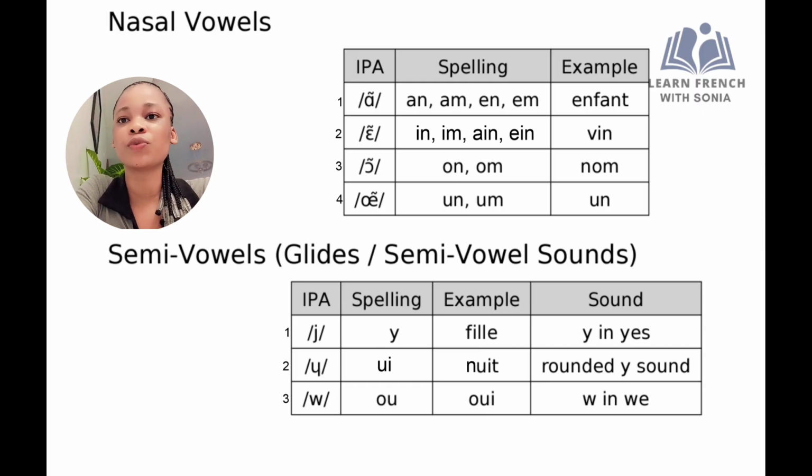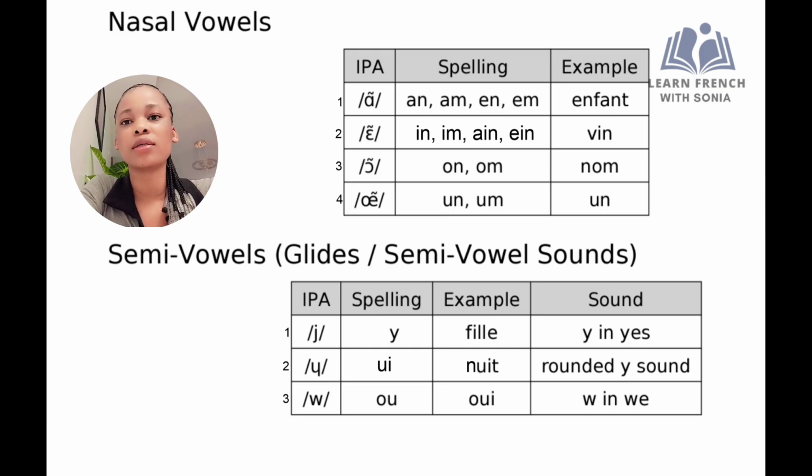The last one, which is semi-vowels. Number 1 there says yeah. We talked about yeah. The spelling is yeah. Example, fille.